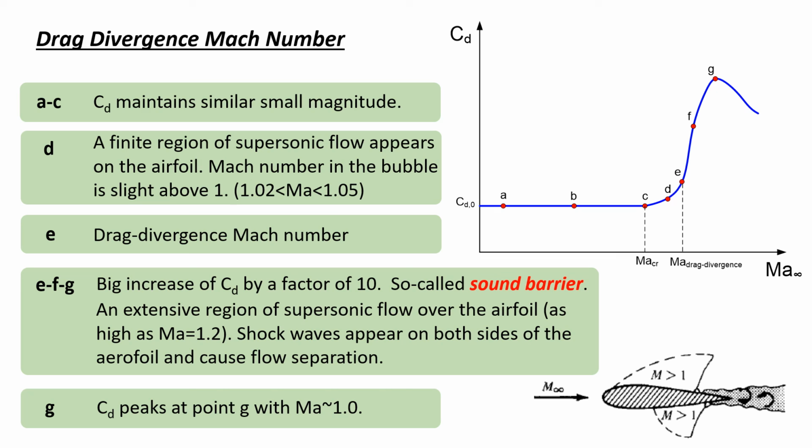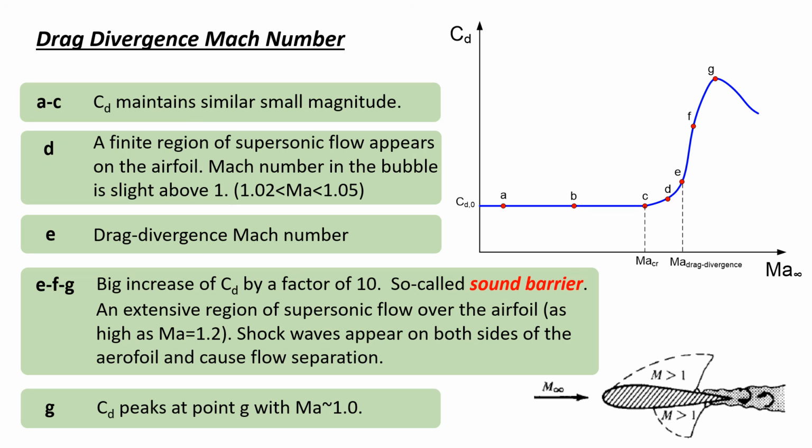Okay, if we move further, we haven't finished yet. If we move further to point G, we can see beyond that, the CD starts to decrease, and G is approximately at Mach infinity about 1.0. So once the free stream Mach number goes beyond 1, which means supersonic incoming flow, the drag will decrease slightly.